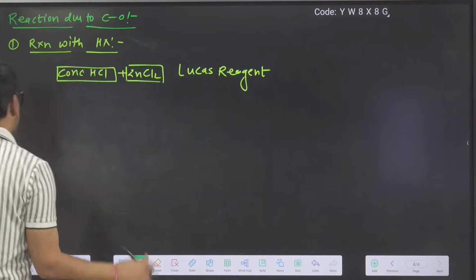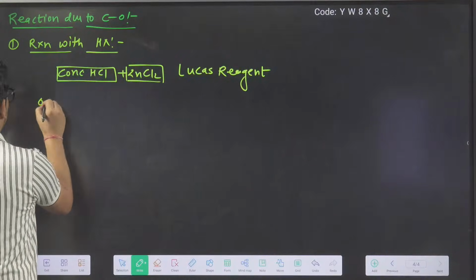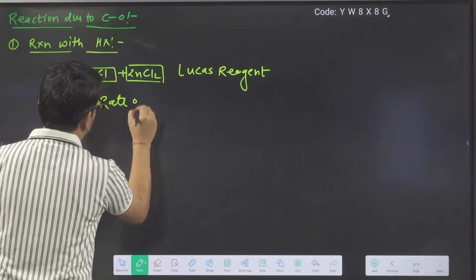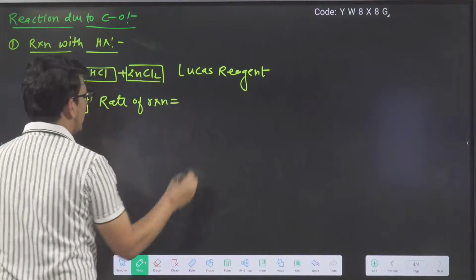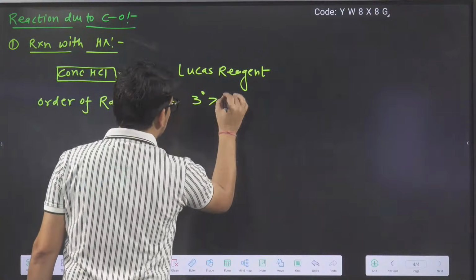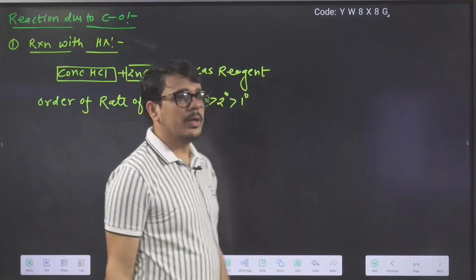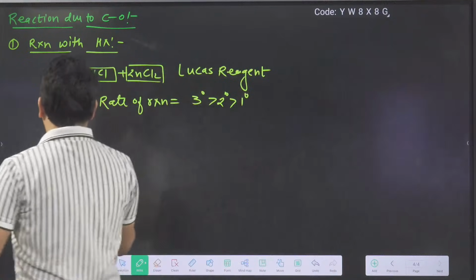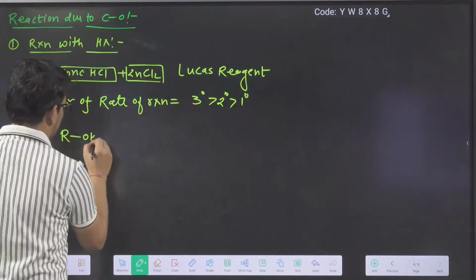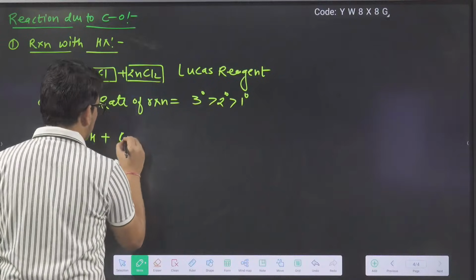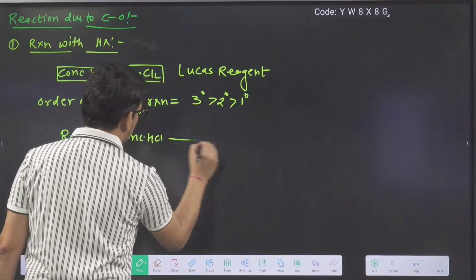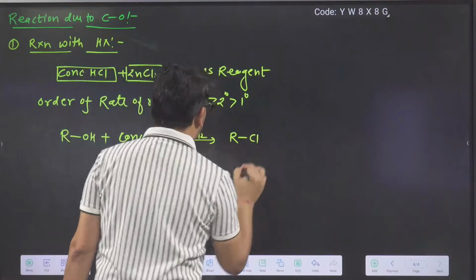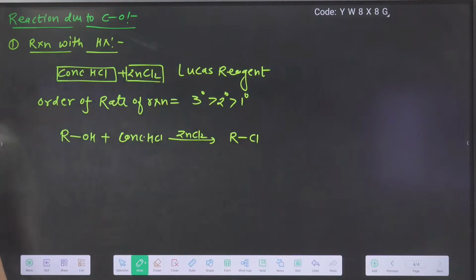Lucas reagent. Now directly I am writing here the order of rate of reaction. The order of rate of reaction will be 3 degree, 2 degree, and then 1 degree. If alcohol reacts with concentrated HCl along with ZnCl2, then can I say directly the product will be RCl?